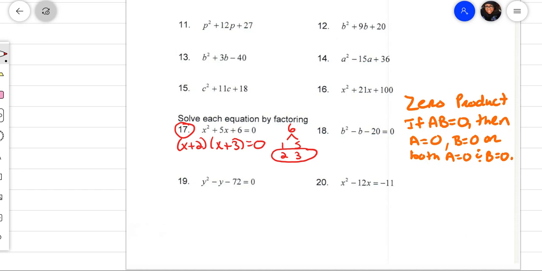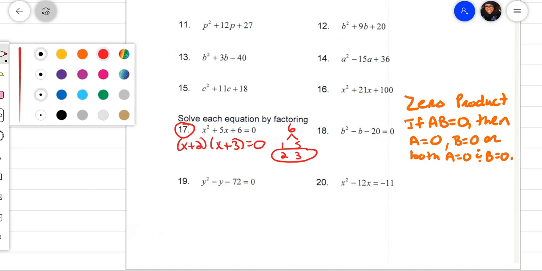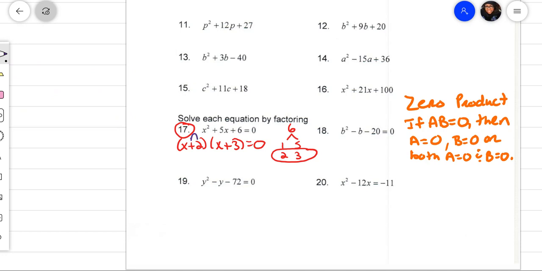When it's equal to 0 like this, and we just factored it in this way, essentially this is our A and this is our B. So A times B equals 0, because when we multiply x plus 2 and x plus 3, we get 0. Both of these are representing the A and the B from the zero product property.